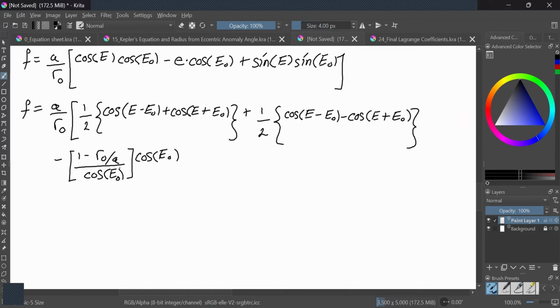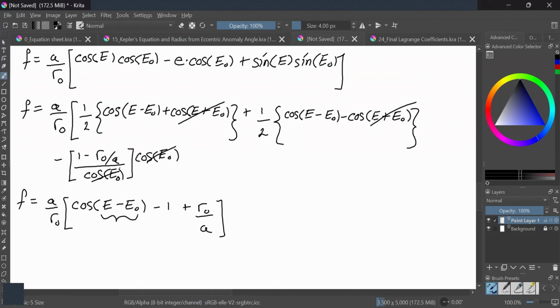So now we can cancel out our cosines. Now we can cancel out our sums of angles. And we can rewrite our F equation as a by r naught times the cosine of E minus E naught, minus 1 plus r naught over a.